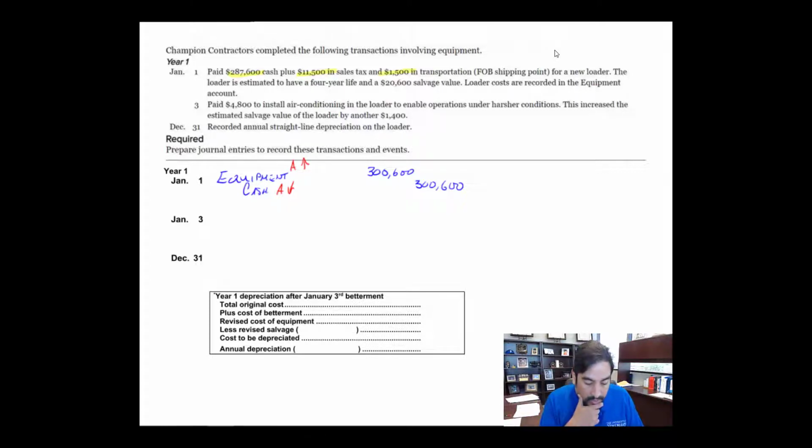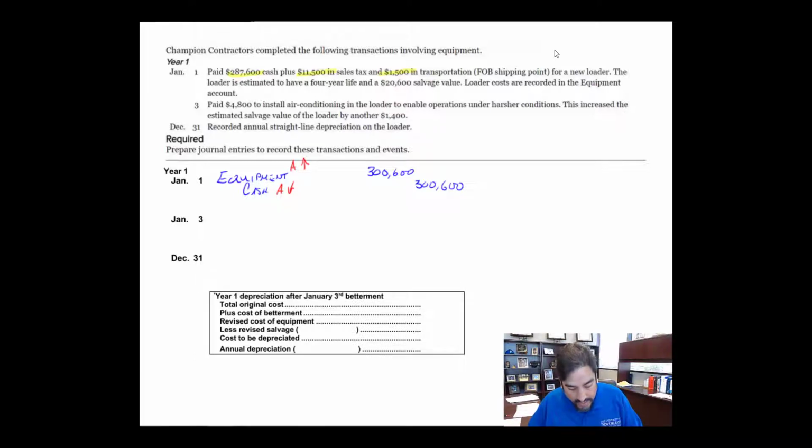Next, on January 3rd, we paid $4,800 to install air conditioning in the loader to enable operations under harsher conditions. This increased the estimated salvage value of the loader by another $1,400. So first, let's record the cost of the air conditioning. This is a betterment.